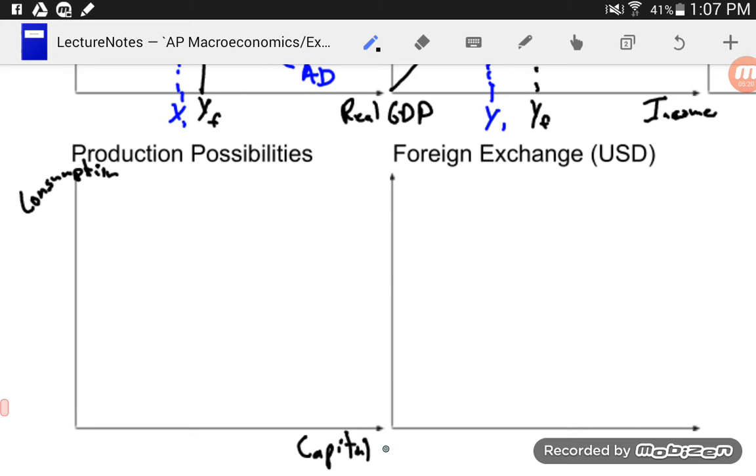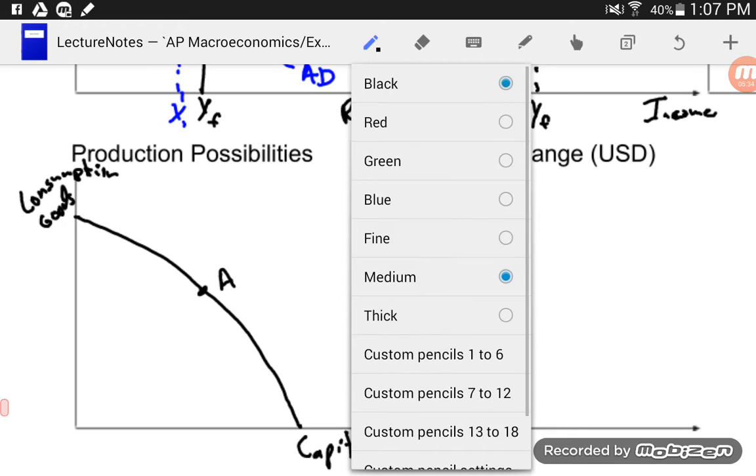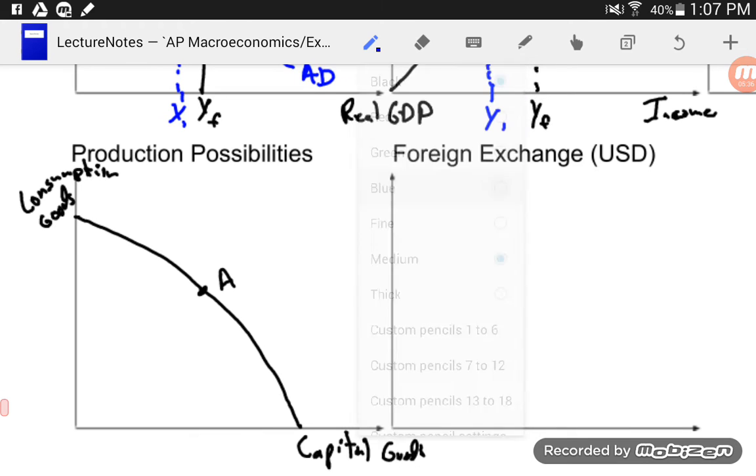Anyway, capital goods, consumption goods. And we were at point A, and now that we are in a recession, we are not producing at our full employment. We shifted, and we're at less than full employment, so we're at point B.